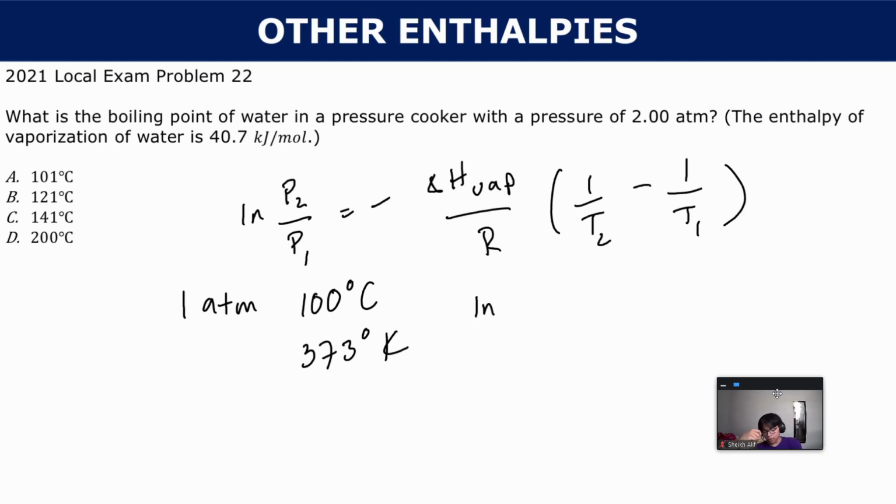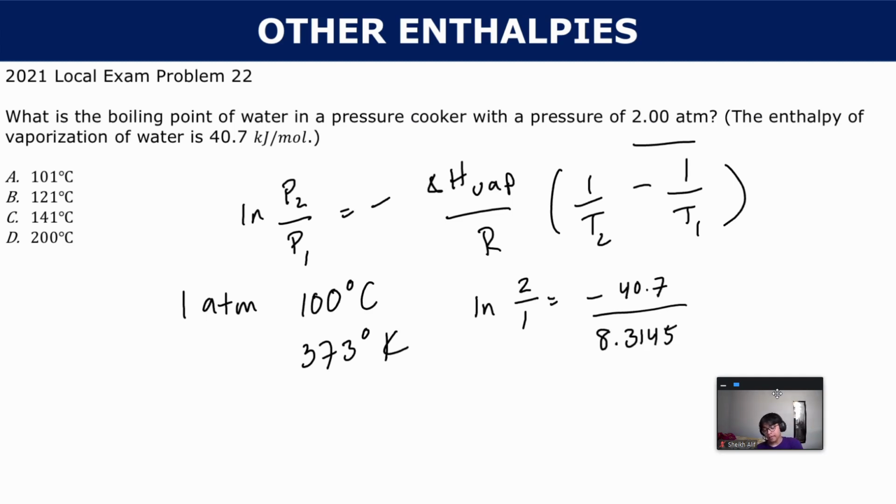So the natural log of the second pressure, let's say the second pressure is 2 atmospheres, so 2 over 1, equals the negative change in enthalpy, which we're told is 40.7 over R, which is 8.3145.